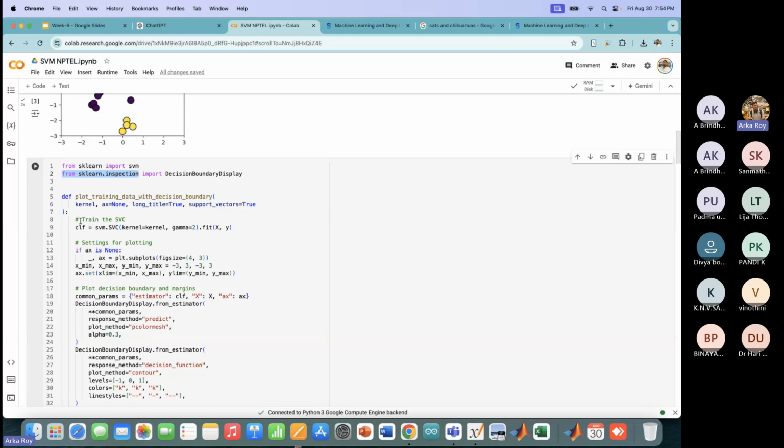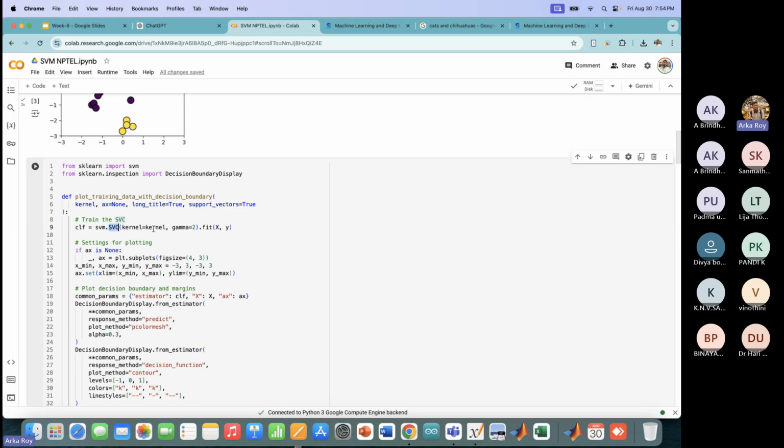So we have to train the support vector machine. To do that, I have also commented: train the SVC. Inside SVM, the further method is called SVC, the support vector classifier, by which you can actually do the classification. It has two arguments.